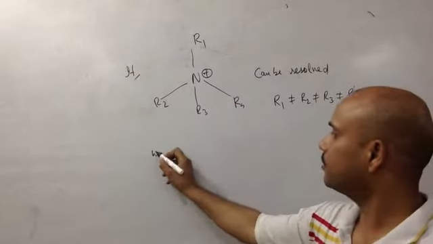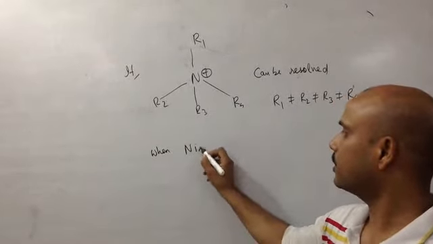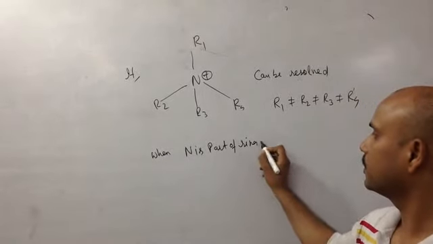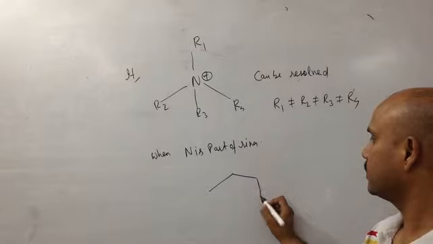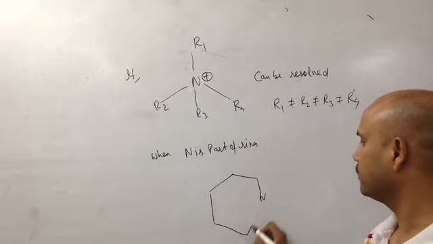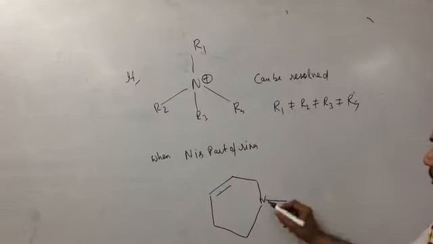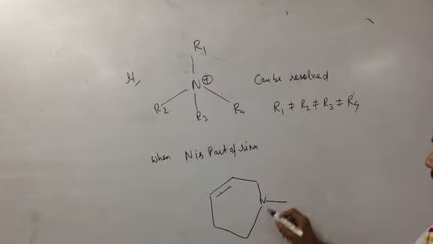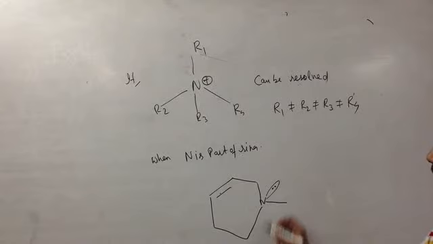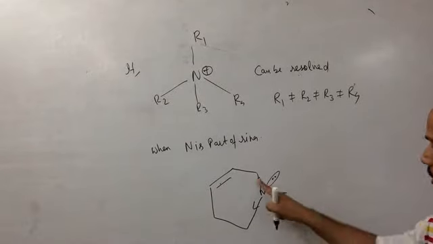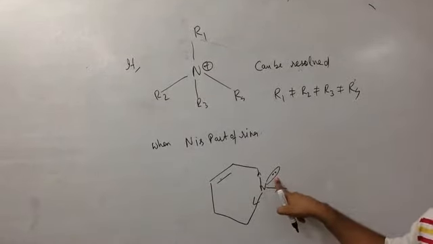Similarly, when nitrogen is part of a ring, suppose this is the compound. Now see here, there are 4 different groups attached here: 1, 2, 3, 4. Since it is part of a ring and 3 different groups are attached, the 4th group is the lone pair.